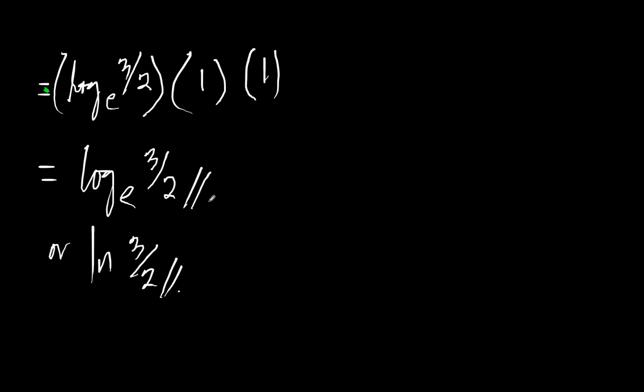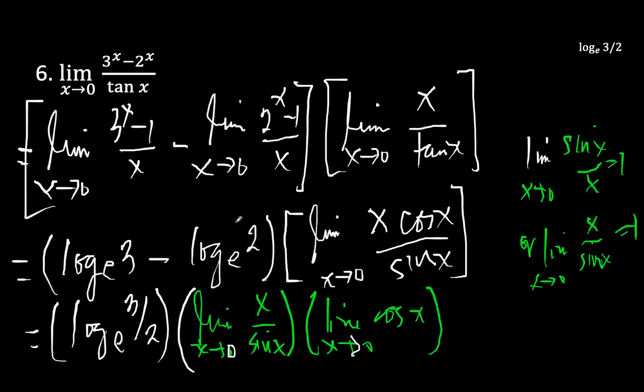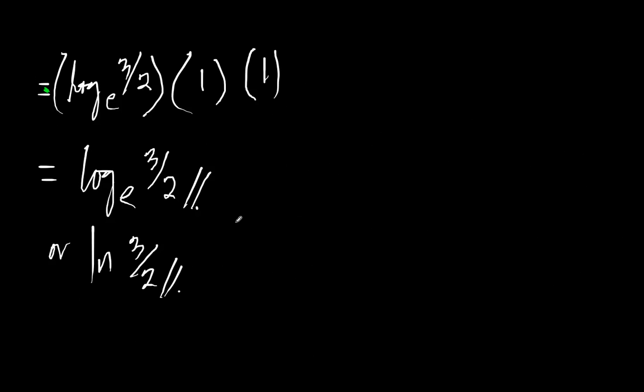These are the answers, and we can accept either answer. So I hope we got the same answer, which is the logarithm of 3 halves base e. All right, and that's it. And good luck on your exam.